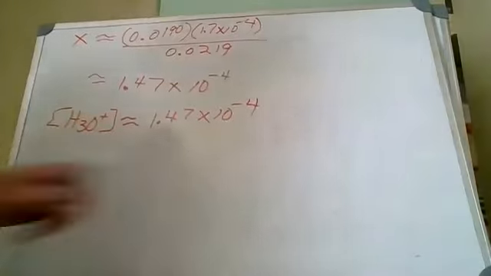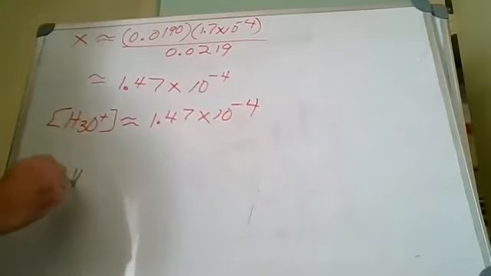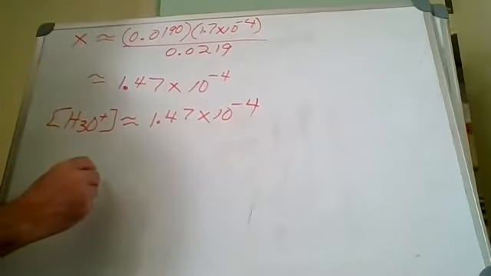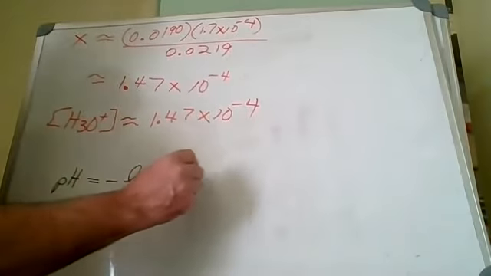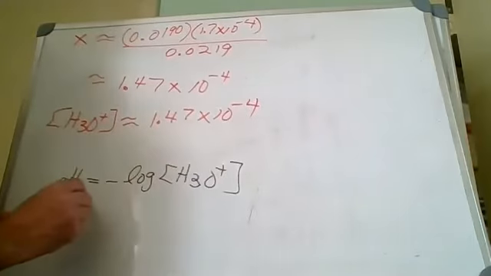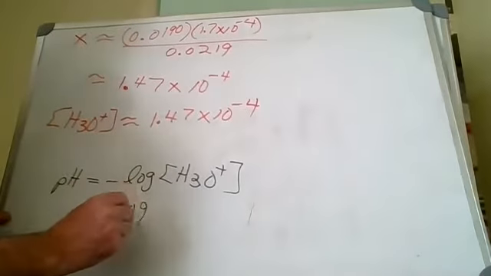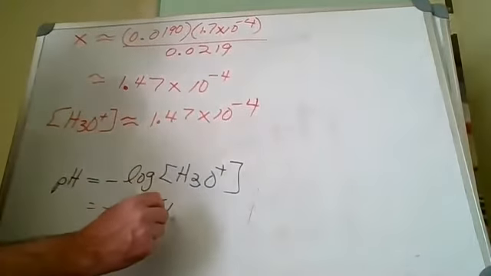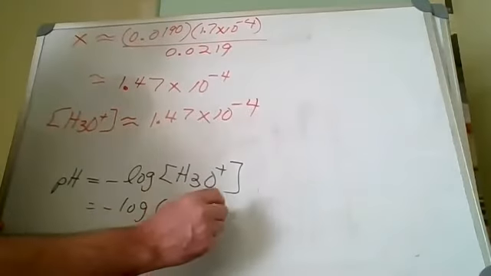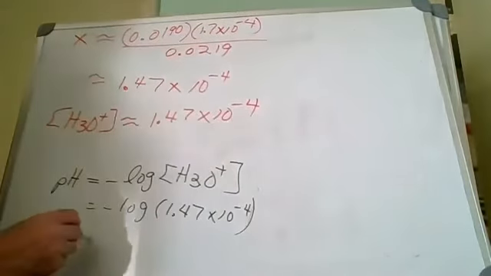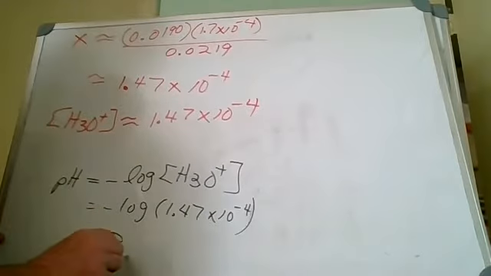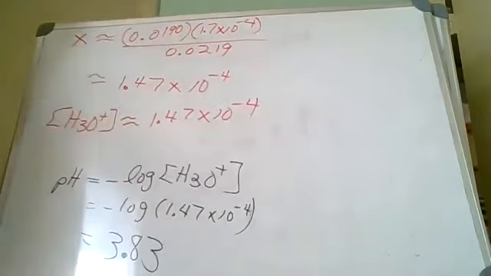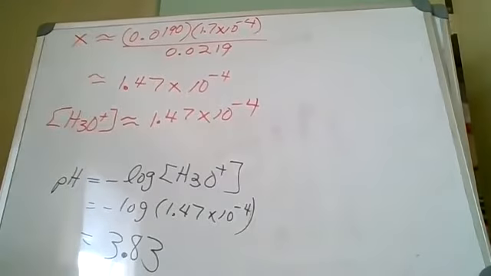Then that makes the pH equal to negative log of H3O+, which is negative log of 1.47 times 10 to the negative fourth, which is 3.83. Okay? Which is the answer in the back of our book.